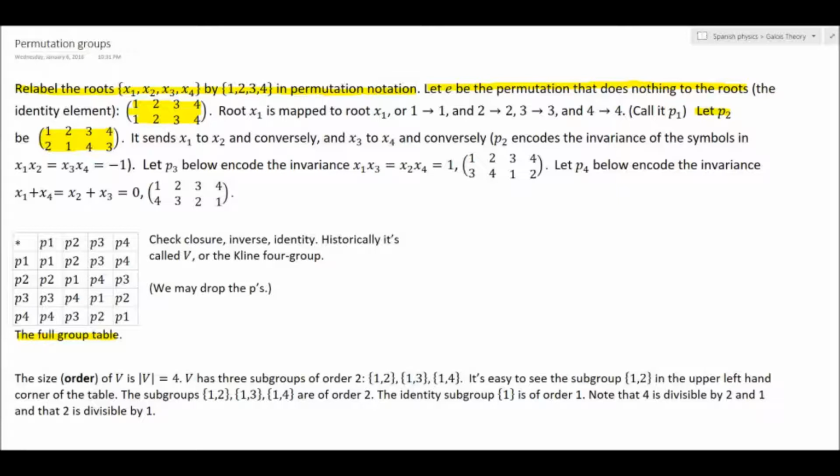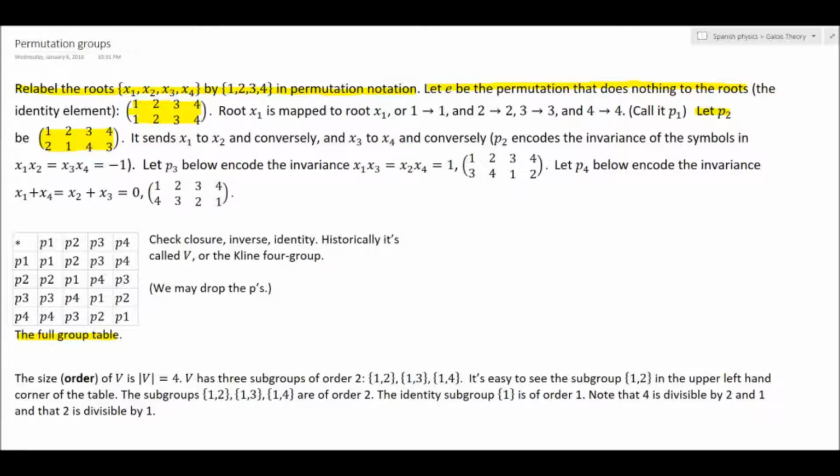And if we start performing products of pairs of these permutations, we get that table below. It itself is a group. You can check to see if it has all the group properties. Its size or order is 4. It's usually denoted by V. It has 3 subgroups of order 2, the subgroups being 1, 2, 1, 3, 1, 4.